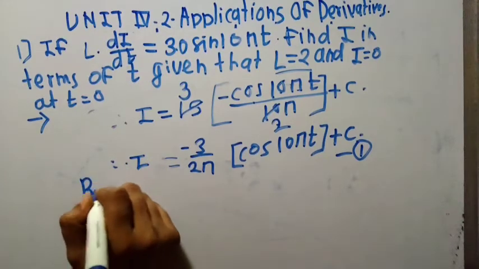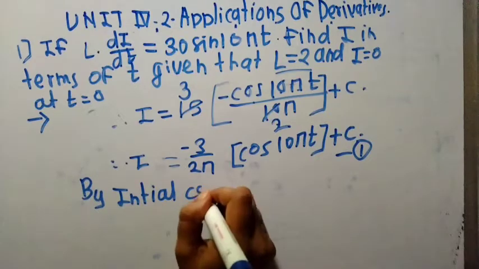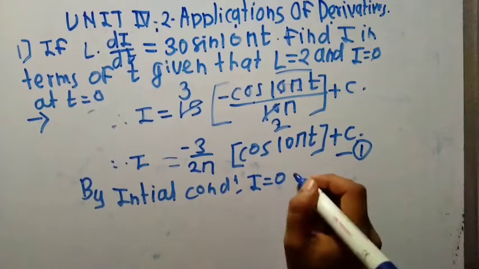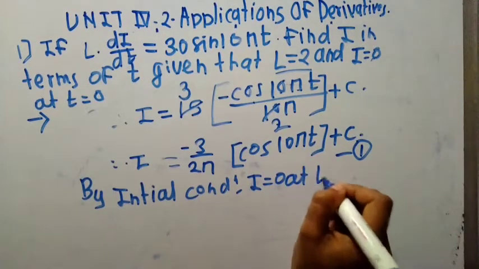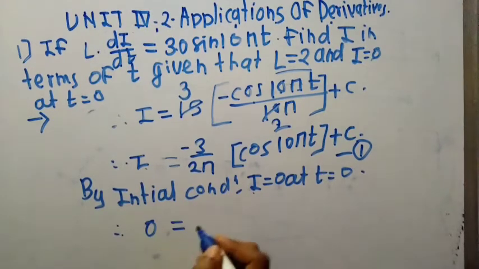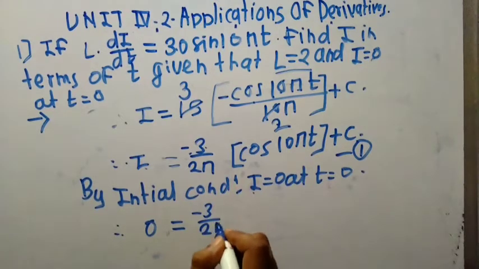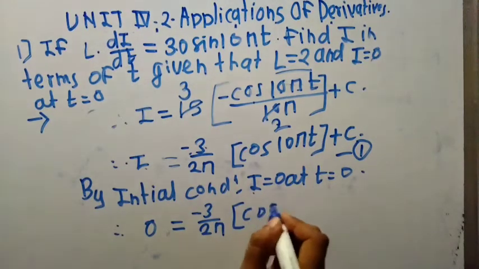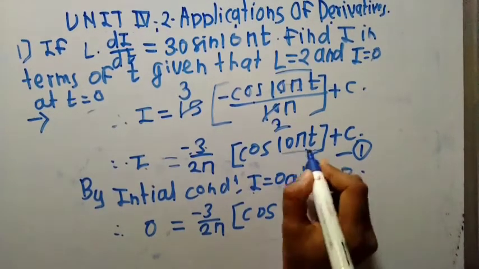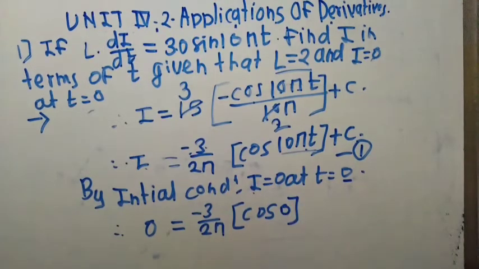Then by the initial condition, here I is equal to 0 at t is equal to 0. So put I is equal to 0, which is equal to minus 3 upon 2 pi into cos 0 plus c, because t is 0.